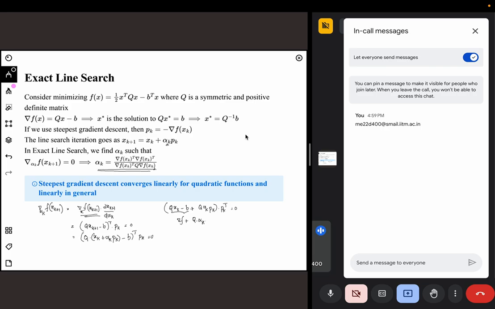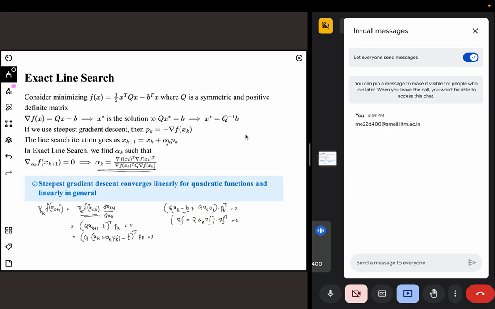Pk is minus grad f times this quantity. I think something is wrong with the transpose, but I think you got the equation.